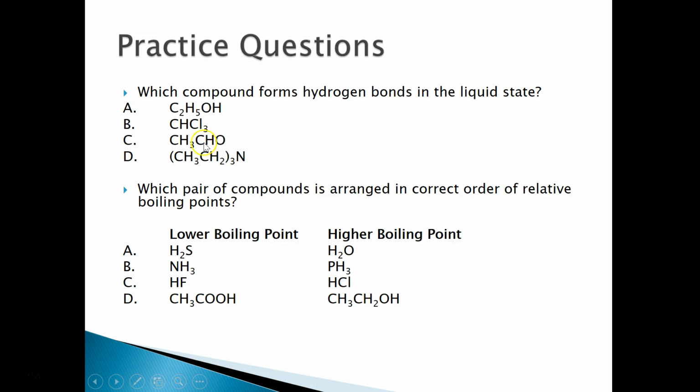So the carbon, there is oxygen and hydrogen, but both the oxygen and the hydrogen are bonded to the carbon atom and not to each other. In choice B, we don't even have any N, O, or F, so that's not it. And in choice A, we have an alcohol. We have the hydroxyl group at the end of the alcohol, so that is the correct answer.